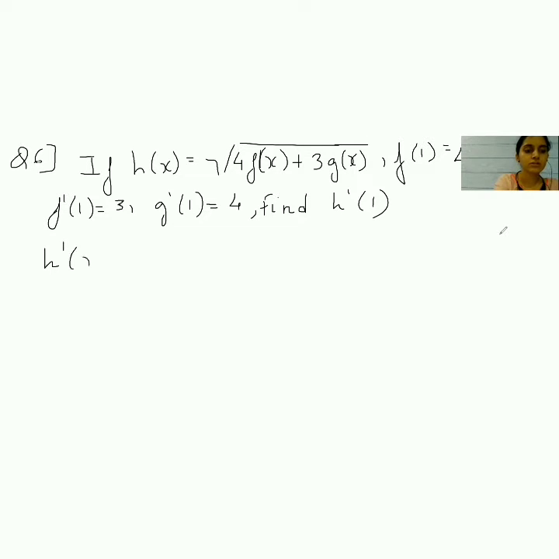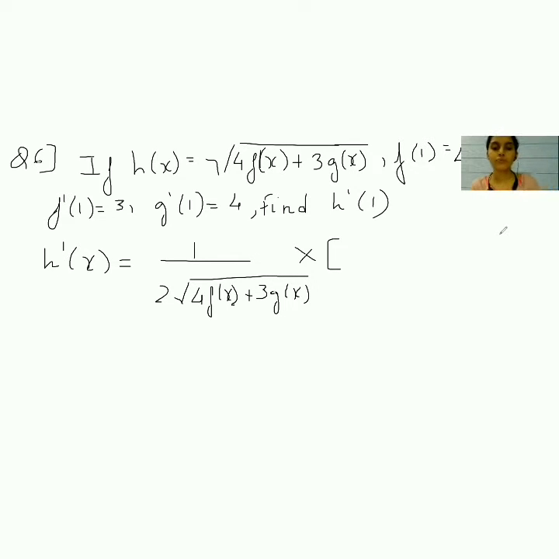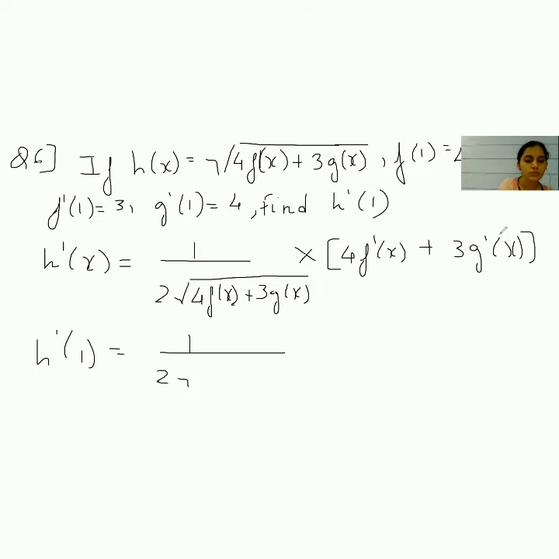So h dash of x will be equal to 1 upon 2 root of 4 f of x plus 3 g of x, multiplied by derivative of 4 f of x, which will be 4 f dash of x plus 3 g dash of x, right? This is your derivative.